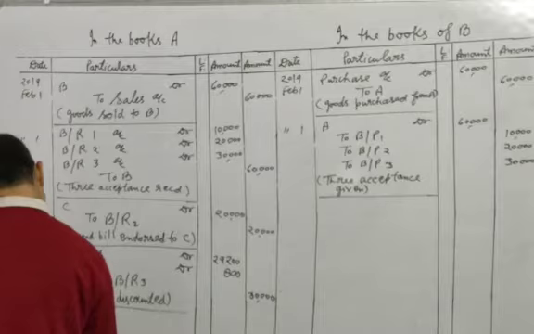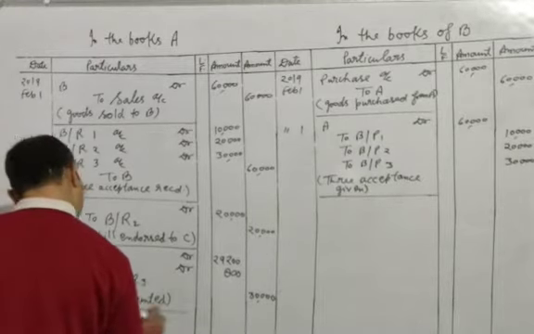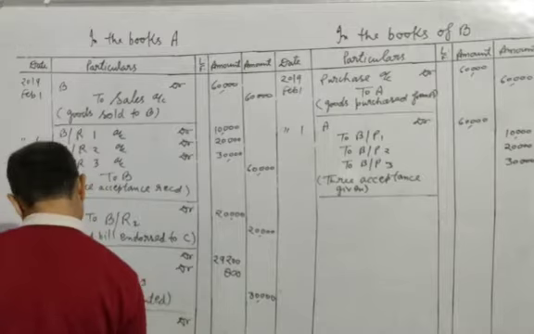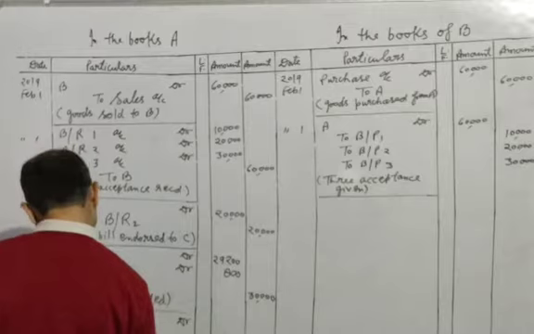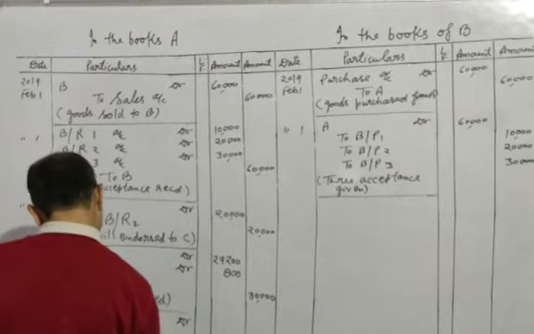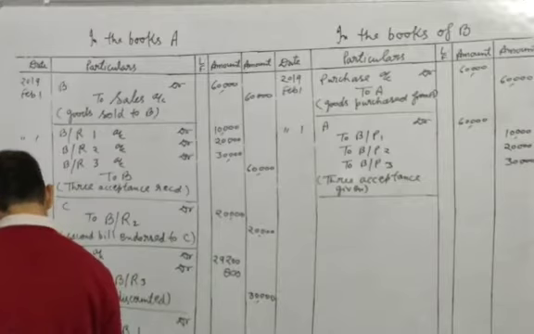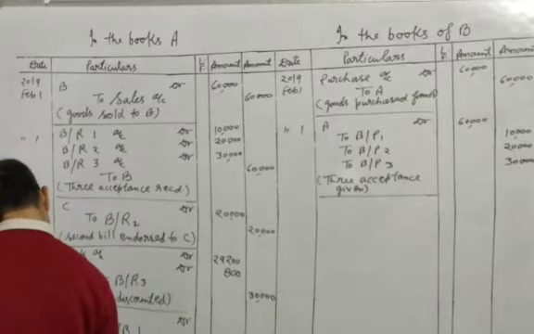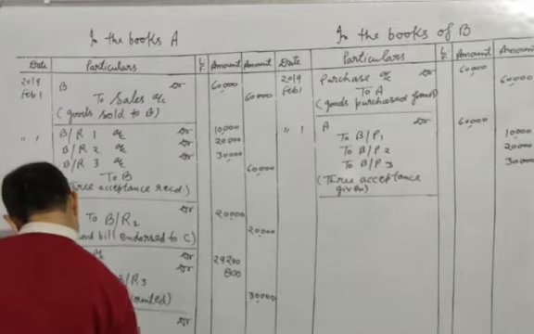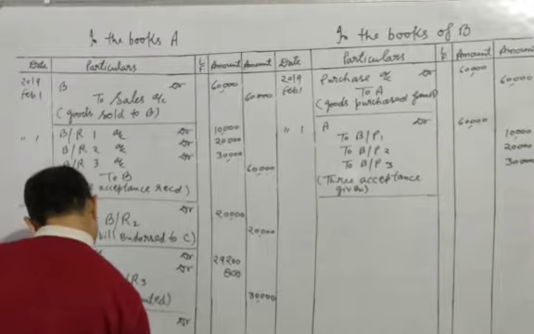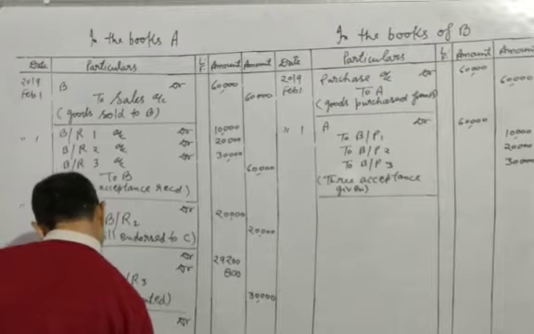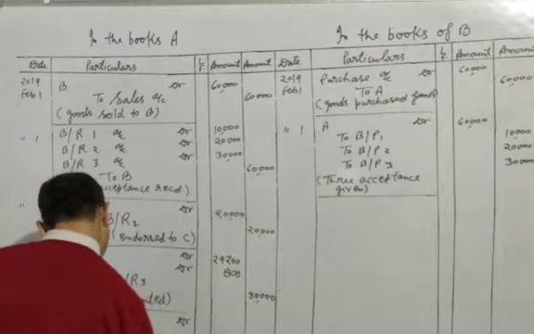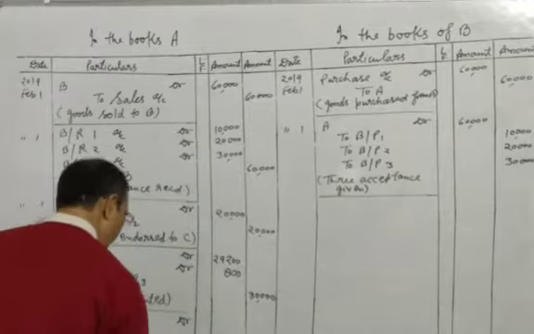So we will write here the entry: cash or bank account debit, and BR will go to him, means to B. So we will write here to BR1, and narration would be first bill met on maturity, or we can write payment received on due date.